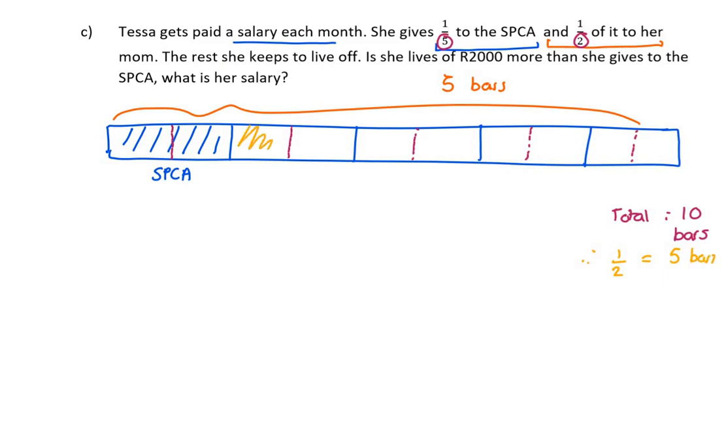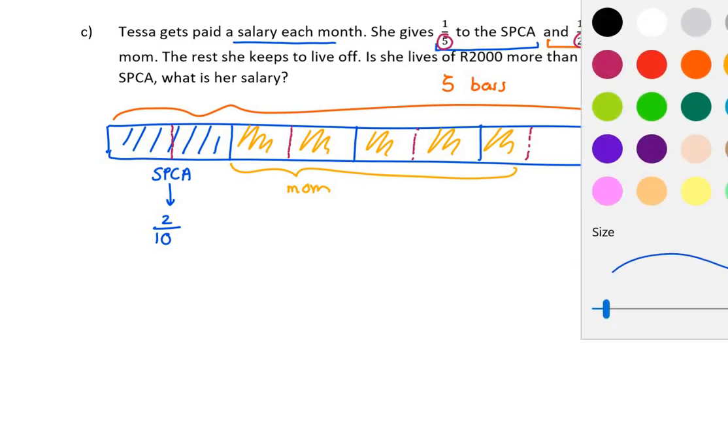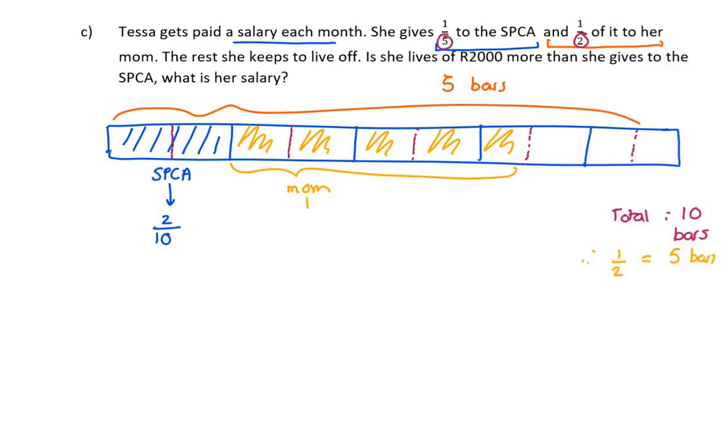So 1, 2, 3, 4, 5, this is her mom. So if we're looking at the whole now being 10 bars, 2 of those bars go to the SPCA. So notice that means 2 bars out of 10, which guess what? That's 1/5. Her mom gets 5 bars out of 10, and guess what? That's a half. So this makes sense.